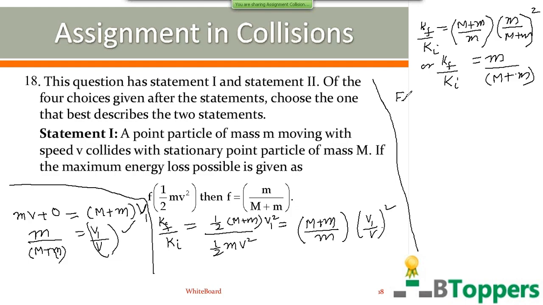Here small f represents the fraction of the initial kinetic energy of the first particle which is lost due to the collision, or we call it the fractional decrease in the kinetic energy.